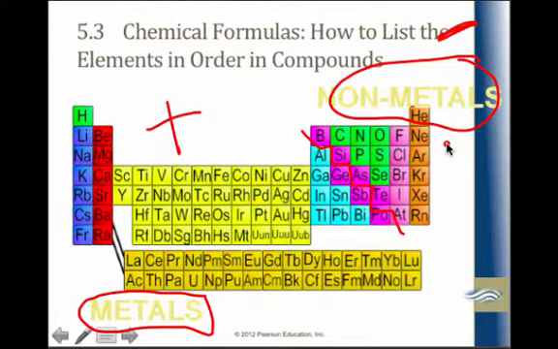When we're making compounds, we need to take into account whether the compound ionically bonds, as in setting up these charges and transferring electrons, or if they covalently bond, which is sharing of electrons. We name them differently depending on which type of bond forms.